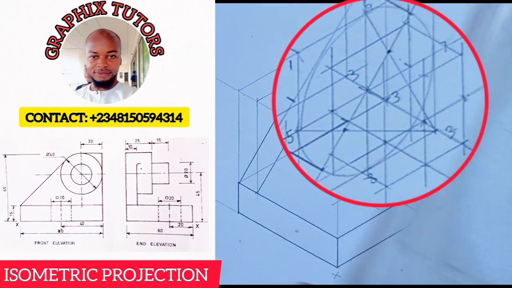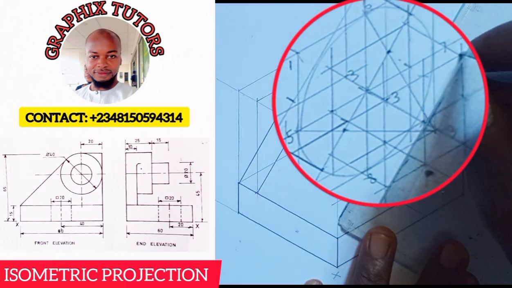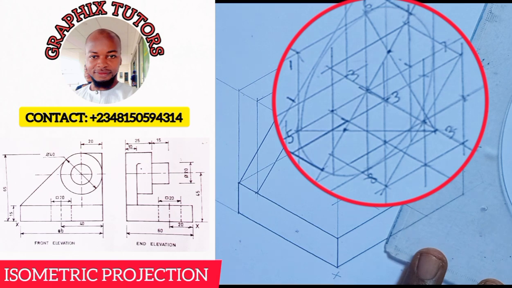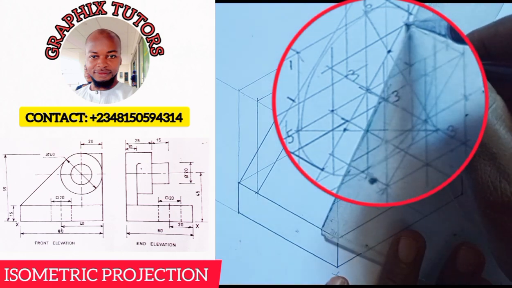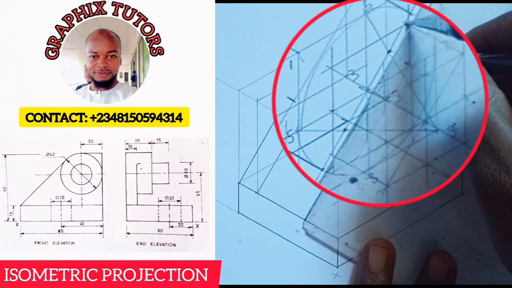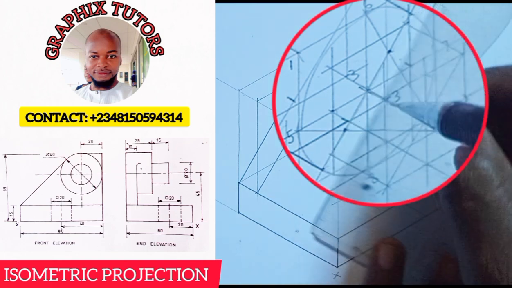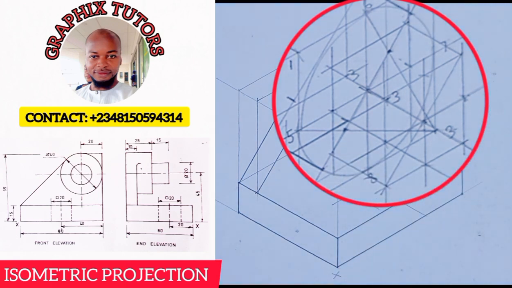So you join the longest diagonals. Alright. Can you see that? And also you join the longest diagonal here also. We already have it here. So you can do the same thing, or I'll just take my instrument.